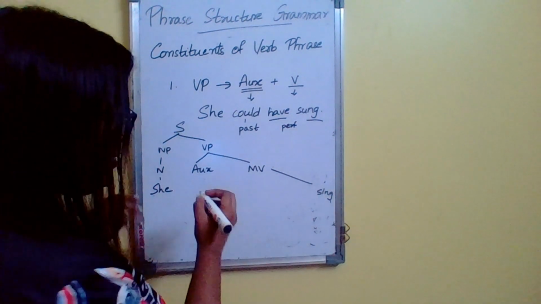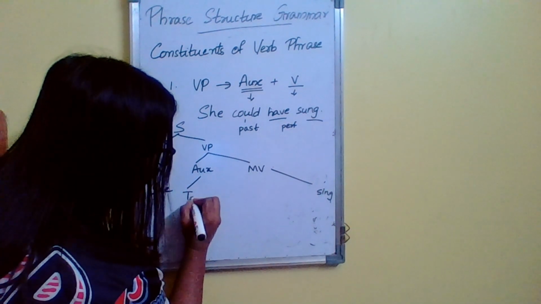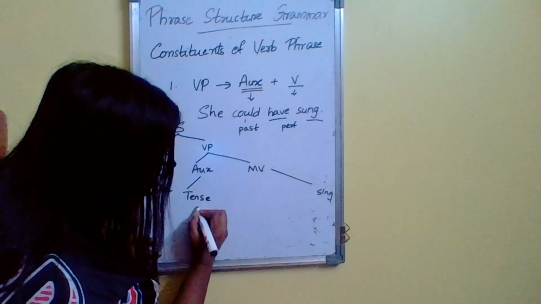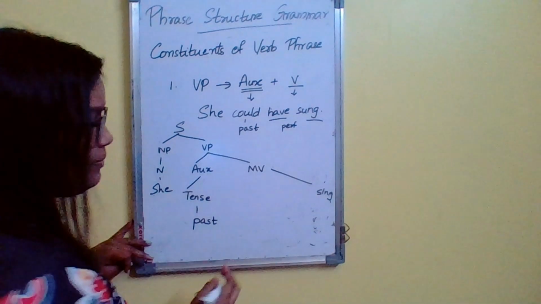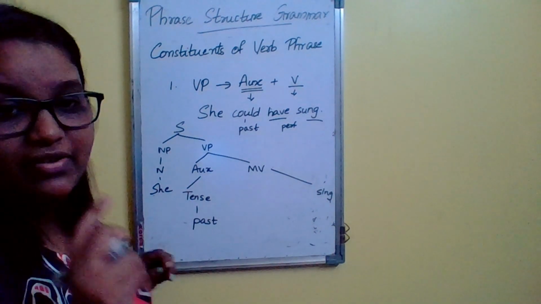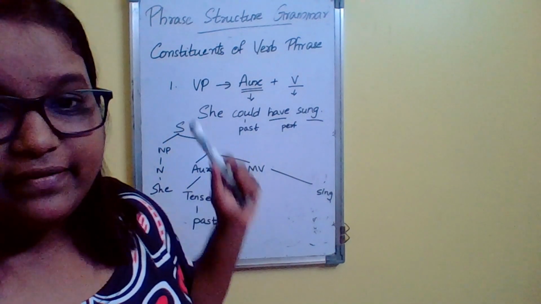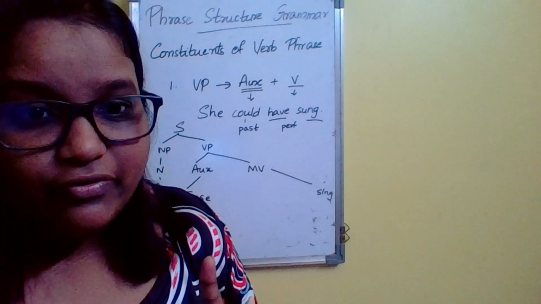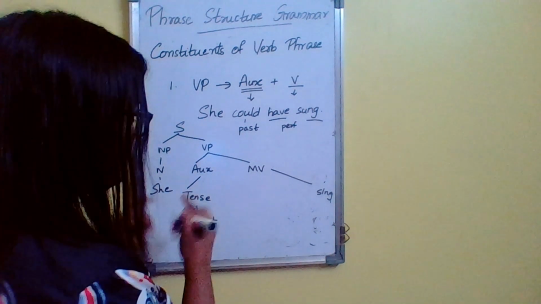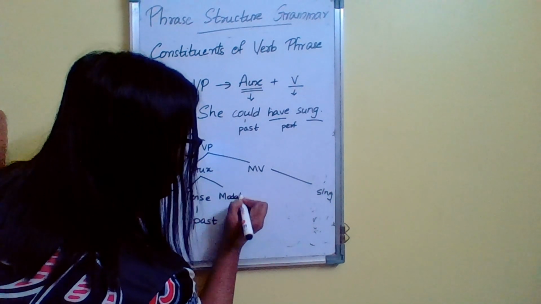So let's split auxiliary according to that. So auxiliary is first of all tense. What tense is it? Past tense, because it's could. And then we have to account for the modal. There is a modal which is used here, could, and we have to use it in the first form, which is can. So the second element is a modal, can.